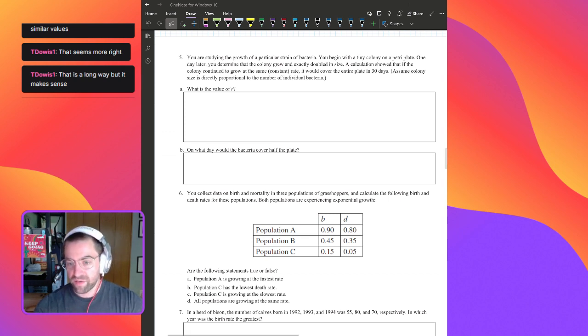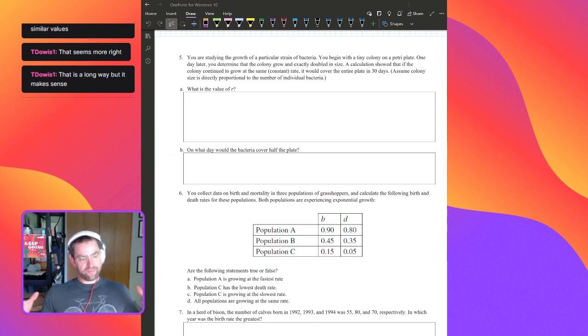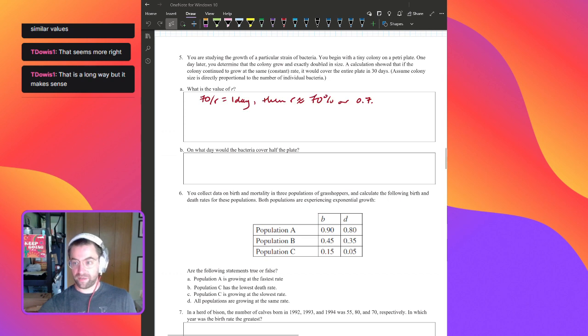On what day would the bacteria cover half the plate? If the bacteria colony doubles in size every day and completely covers the plate on day 30, then it was half that size on day 29.